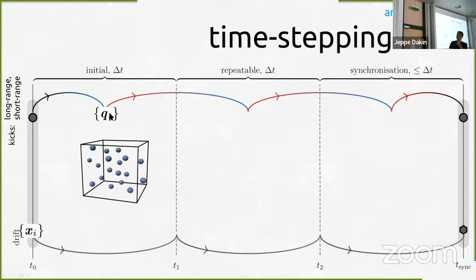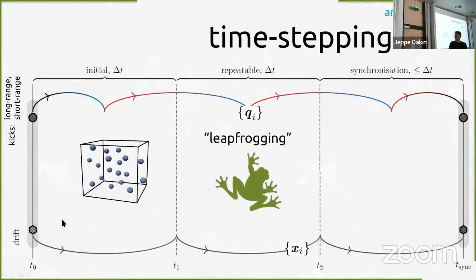So we evolve the momentum through half a time step. It's now not synchronized anymore with the positions. Then we do a whole so-called drift with the position, so they go past the momenta. And then we keep on doing this dance, which is called leapfrogging. And then we're done. So that's the basic scheme. Every N-body code does it like this, more or less, and it's very nice.